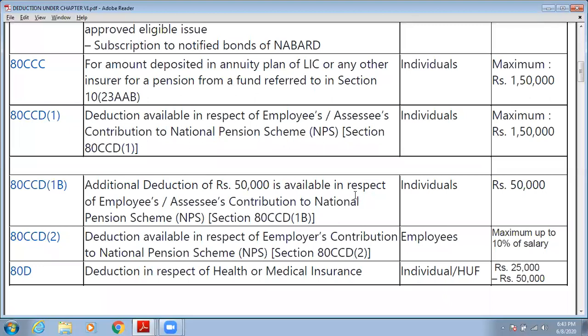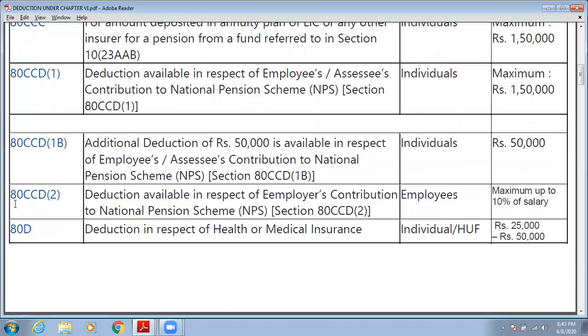So an additional deduction of rupees 50,000 is also allowed to all individuals if they are contributing that amount in the National Pension Scheme. National Pension Scheme में maximum 1,50,000 तक का तो आपको deduction मिलेगा, additional 50,000 का deduction आपको और मिलेगा under 80CCD(1B). Okay.